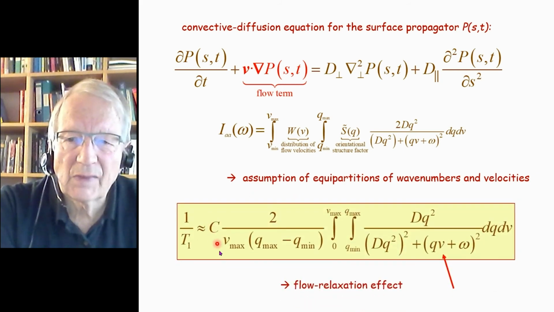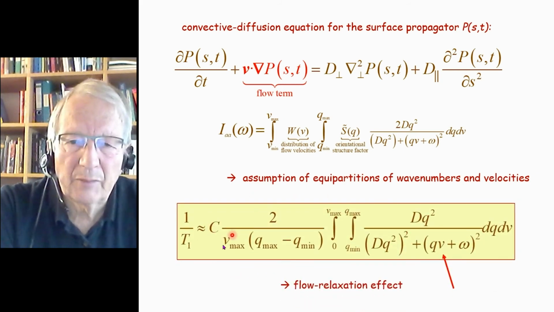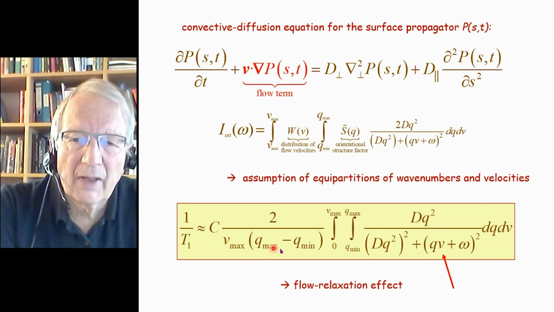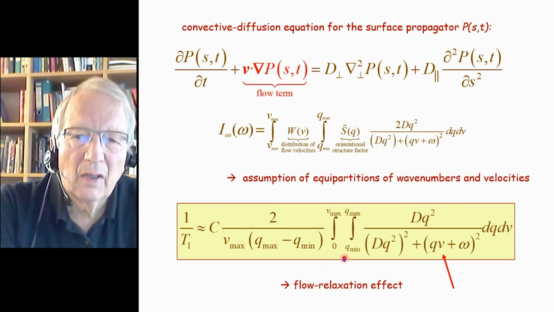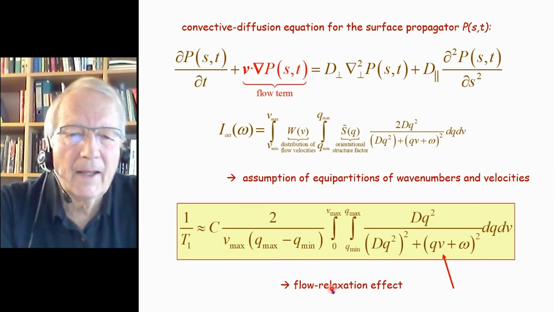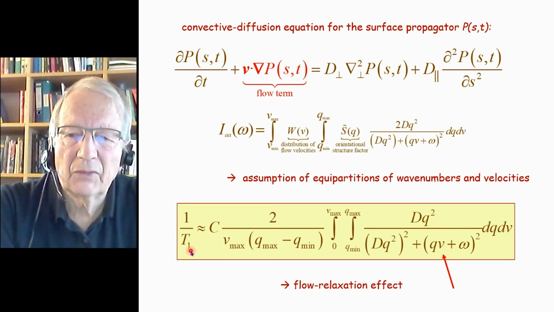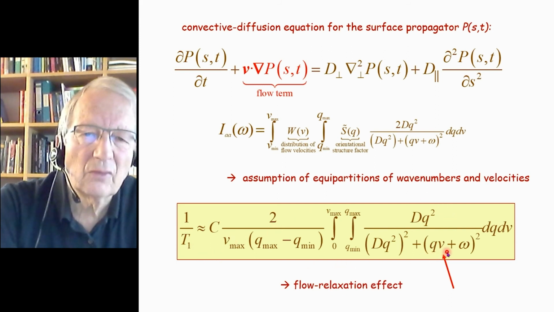And if we do this, we end up with this expression: the spin lattice relaxation rate, a certain range from maximum wave number to minimum wave number, a certain range for the velocity, 0 to the maximum velocity. And as we see, the spin lattice relaxation rate depends on the velocity.